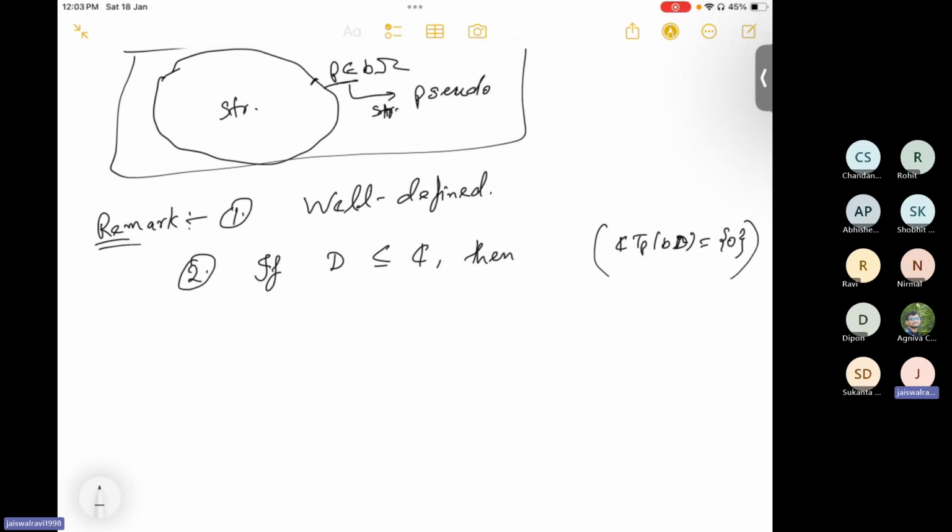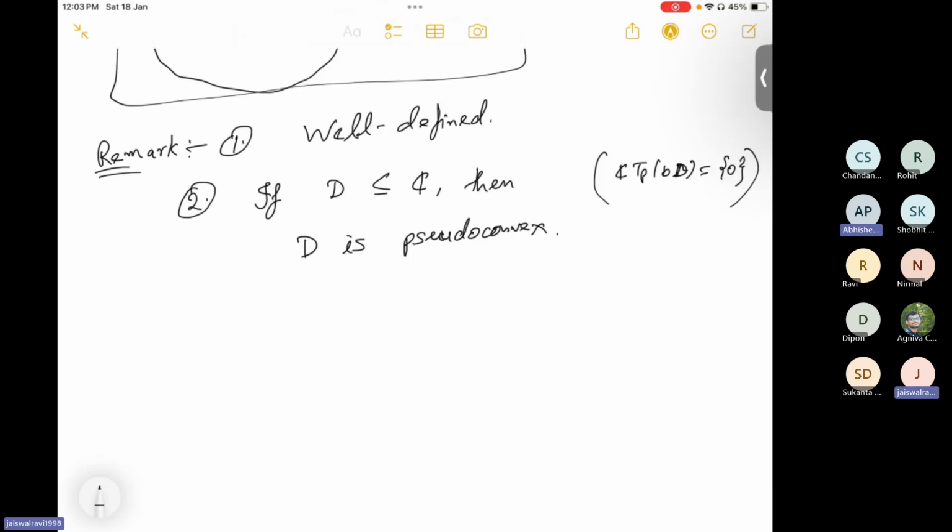That means there is no complex tangential direction in a domain in C. That will imply that this D is always pseudo-convex. That is one of the big differences between domains in C and domains in Cn.